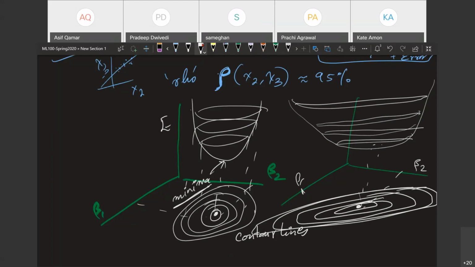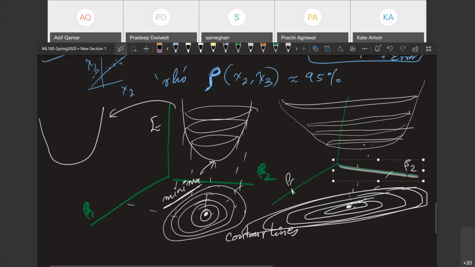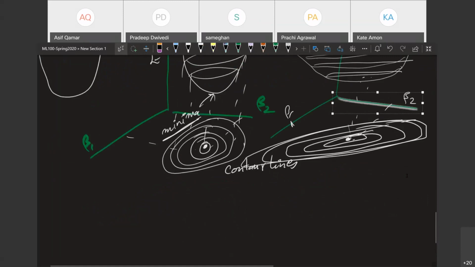Your solution becomes a bit hard to find because this bowl begins to look like a canyon. Ideally, you would want the bowl from every side to look like this, isn't it? Whichever side you look at this bowl, it looks like this. But this bowl, the way it looks is, in one direction, it will look like this.